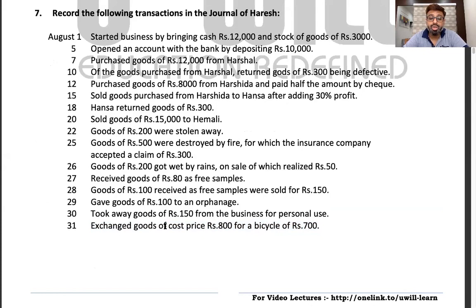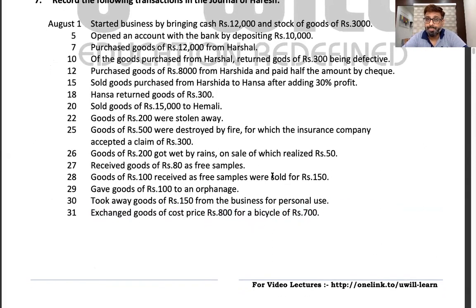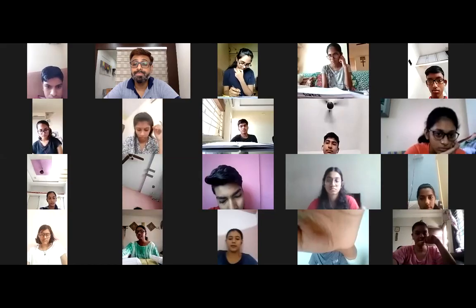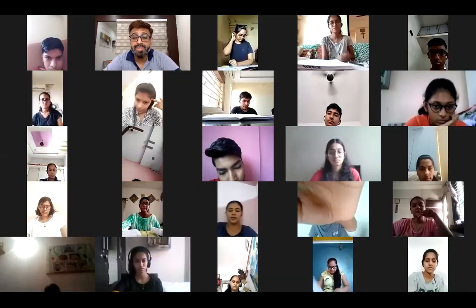Goods go out, credit purchase account, but you will record the value of goods, that is 800. Did you understand that? Yes, sir. Any other doubts in the homework to anyone?